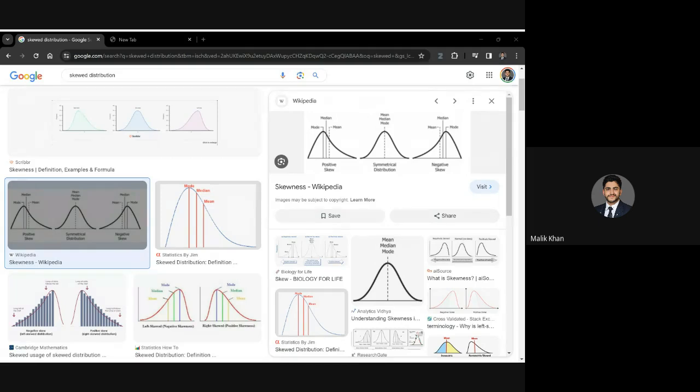And another significance is that for a symmetrical distribution, if you tell me the mean and the standard deviation, I can tell you how many of the people will have an age which lies between specific points.